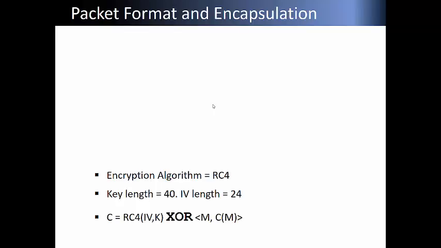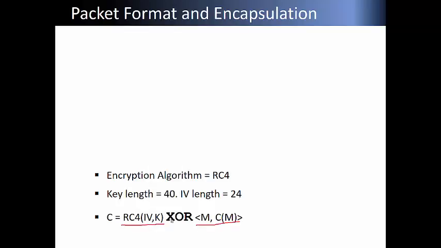Here is what we want to do. The encryption algorithm is RC4. Key length is 40 bits and the initialization vector is 24 bits. So it generates the key, which is this, and this is a message.